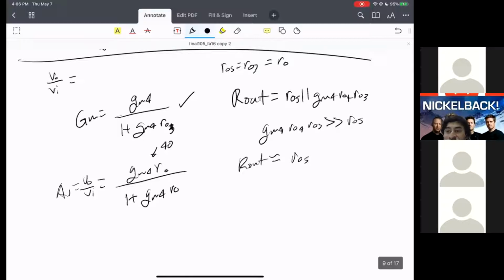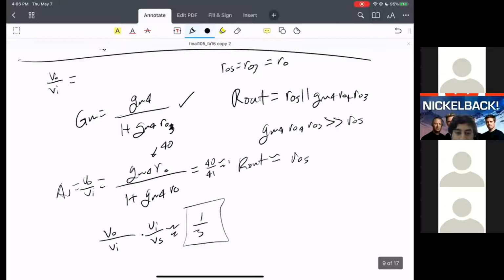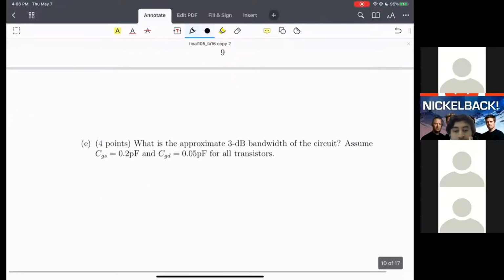Yeah, this is like 40, the gm ro. And so this comes out to 40 over like 41, which is approximately 1. So then the total gain Vo over Vi times Vi over Vs is approximately 1 over 3. Okay.